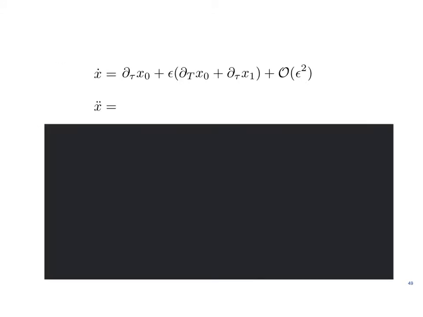Okay, so this second order derivative is a little bit more involved. So let's start again with our definition. x dot is equal to the tau x plus epsilon d capital T x. So basically this is an operator, which is approximately equal to this.